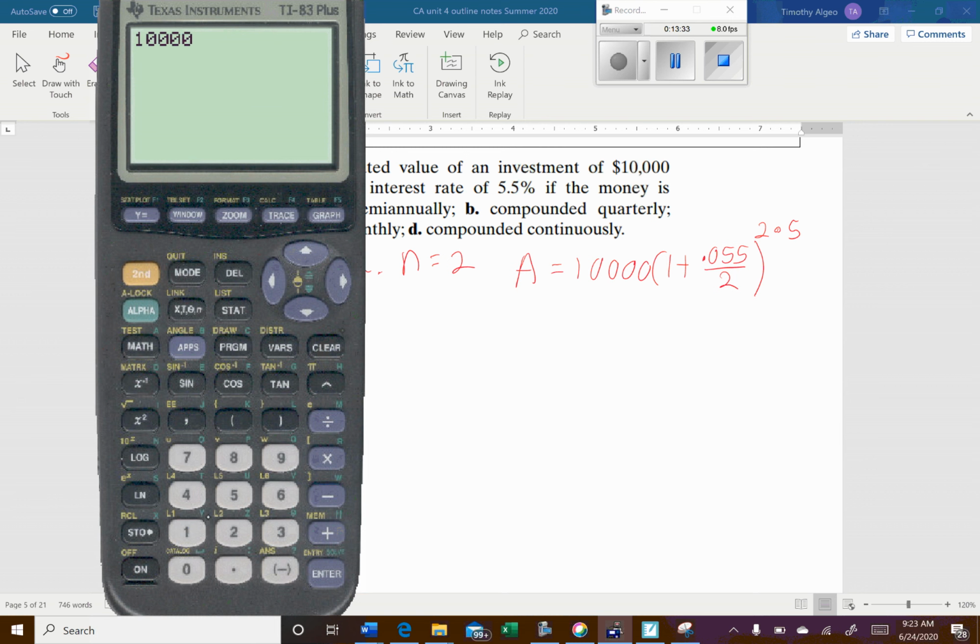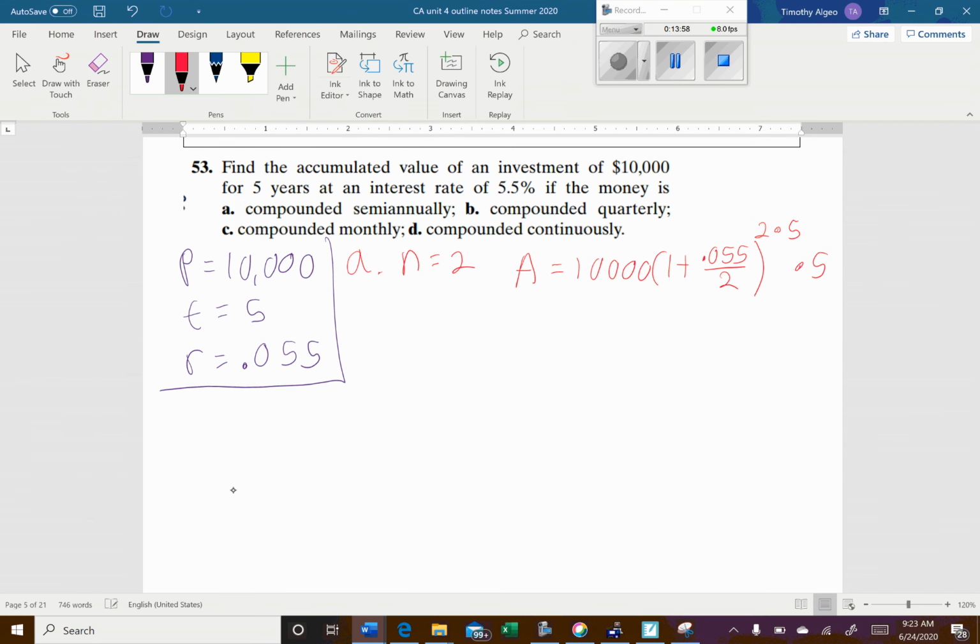10,000. Parentheses 1 plus 0.055, close it, or oops, divided by 2. Then I'll close it. And then I'm going to raise it to the power of, I'm just going to go ahead and put 10. If I write 2 times 5, the calculator will actually not read it correctly. It'll read it as though I'm multiplying by 5 after the fact.